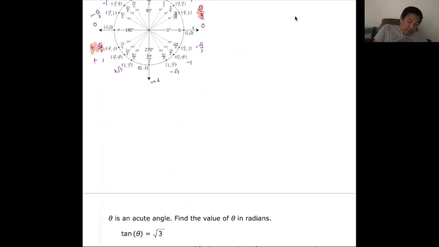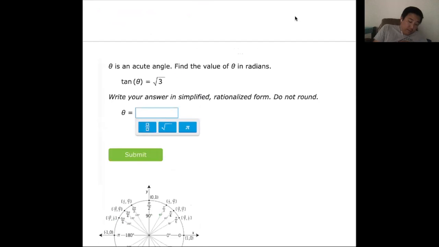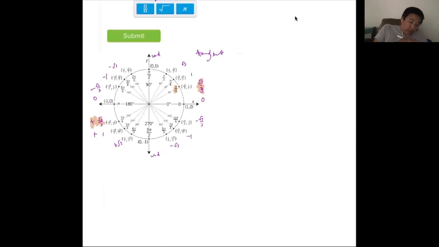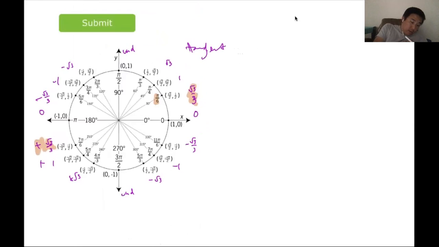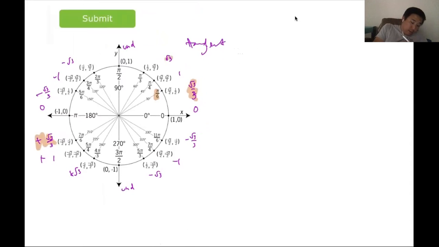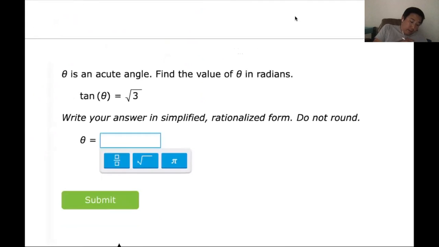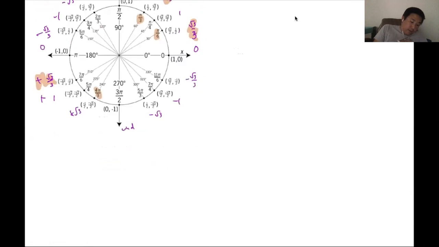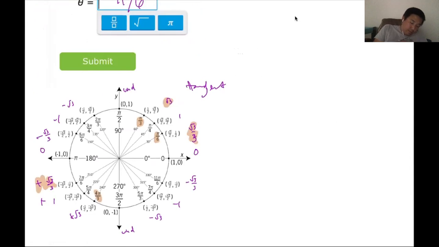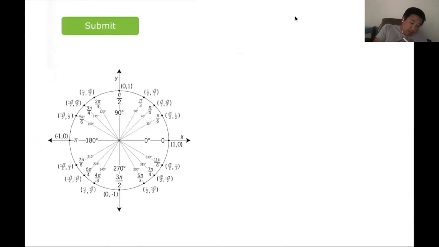So tangent root 3, that's going to be this option here. So it's going to be pi over 3, or it's going to be 4 pi over 3. And we want the acute angle, so it's going to be pi over 3. An acute angle is in this region. This is an acute angle.